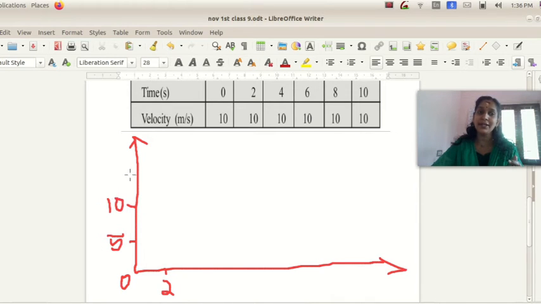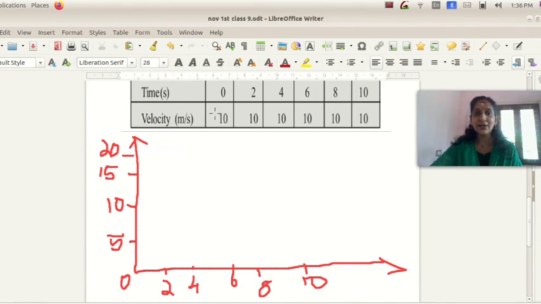So 5, 10, 15, 20, like that, it increases by 5. Here the time increases 2 to 4, 4 to 6, 6 to 8, 8 to 10, like that, isn't it?